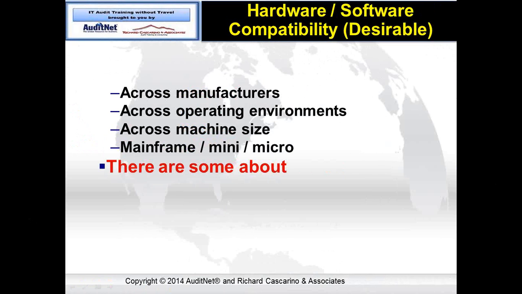That's fine, I can do my interrogations using that as a CAAT, but I cannot run it on anything else. It will only run on that kind of machine. So ideally I want something that will run across different manufacturers, different operating environments, and preferably different machine sizes. So I can run using huge files, I can run using small files, I can run them on a mainframe, on a mini, on a PC, and there are some about that fit those categories.